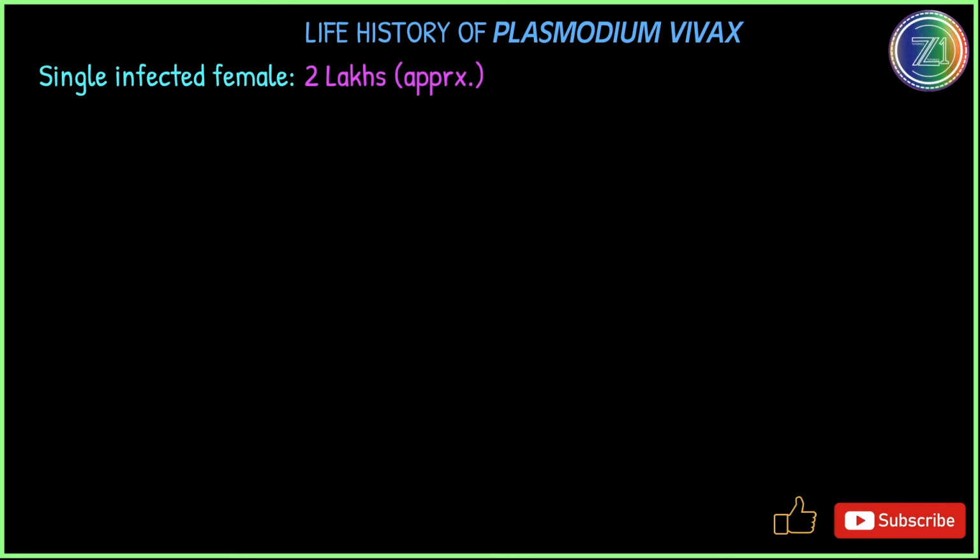The female Anopheles doesn't throw all those 2 lakh sporozoites in one go. In one bite, she is able to transfer around 1000 sporozoites into the human being. Now we can imagine the amount of damage that they are going to do to the liver cells.